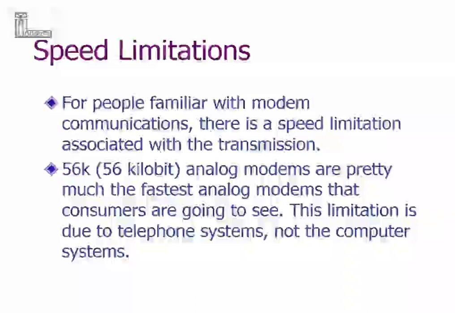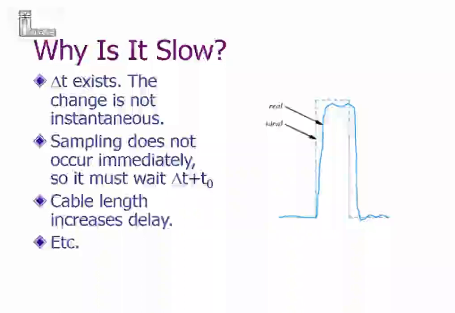The limitation is due to the telephonic systems, not the computer system. Telephone lines have their own capacitances, which reduce the speed at which the pulses can rise. So as you can see, the pulse gets distorted when a 1 level and 0 level are sent through the wire because of the capacitances. Because of that, RS232 is limited in its speed.